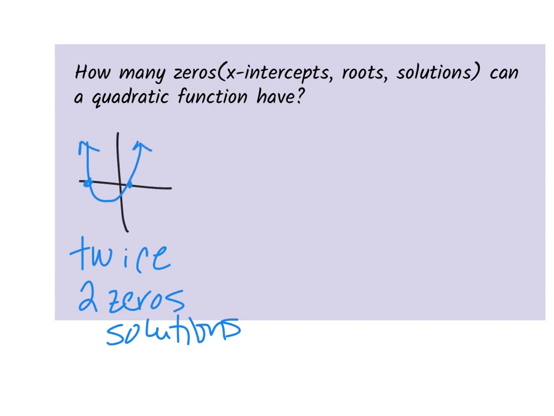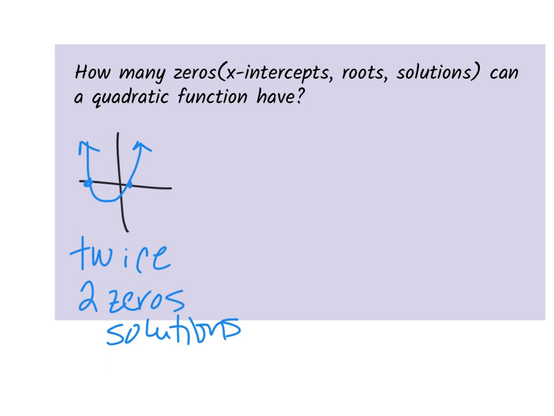But also, as we saw in the first examples that we looked at, it could cross just once, like the parent function crosses just once. Nope, that doesn't cross once. Well, yeah, it does at the origin.